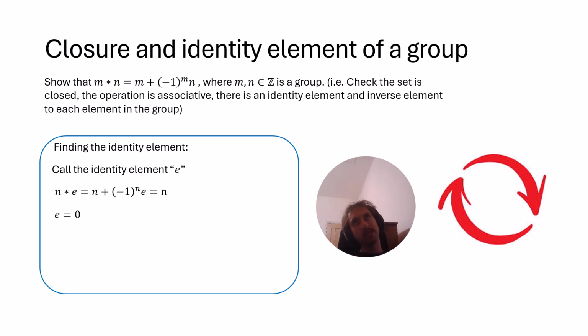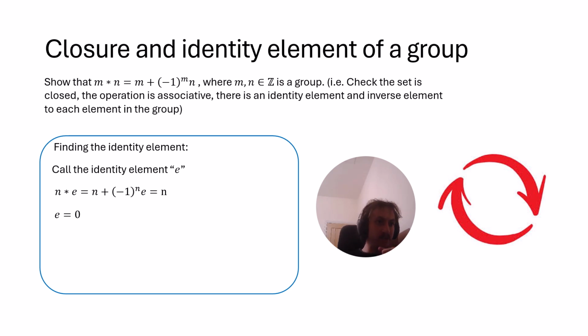So since addition is fairly common and the identity element associated with addition tends to be 0, having the identity element being 0 in other groups isn't too rare.